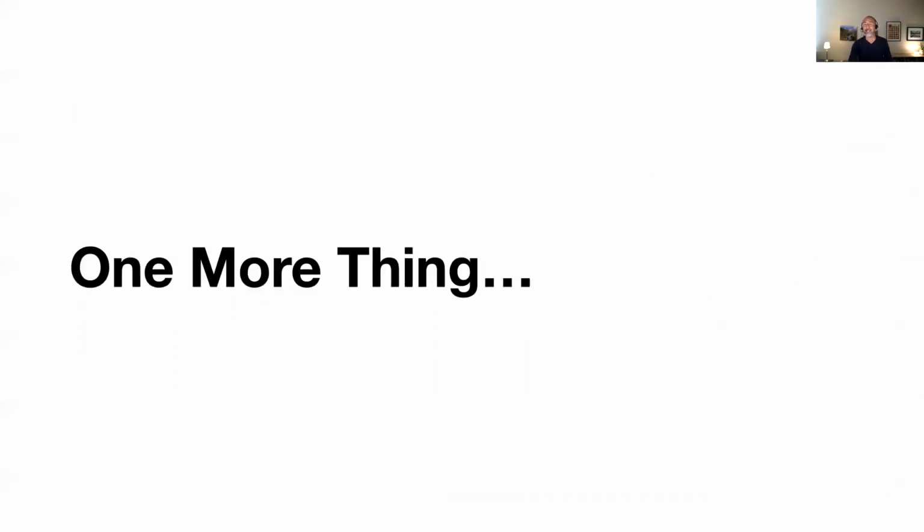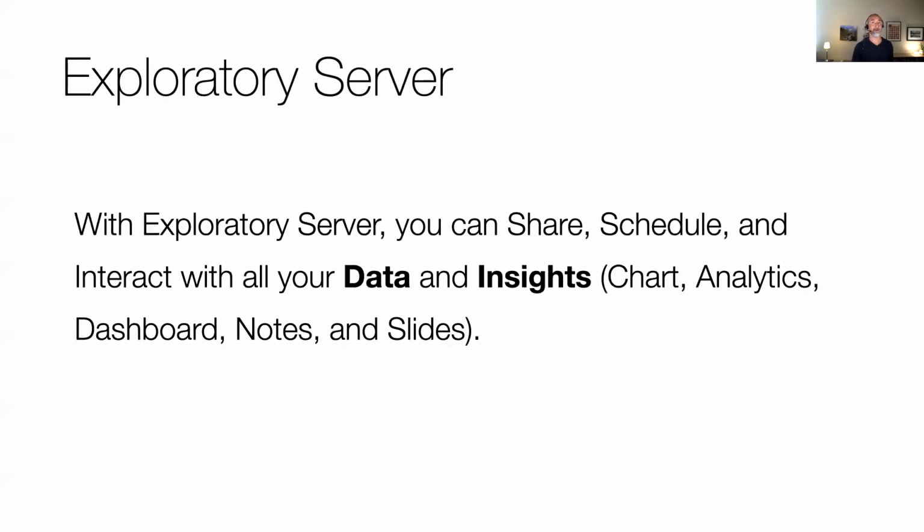Okay, so that's the summarize_at function, and it's pretty useful. The last one I'd like to talk about is Exploratory Server. We have added this subscribe capability or button. With Exploratory Server, you can create the data or the chart or dashboard inside Exploratory Desktop, and you can publish and share and schedule and interact with parameters.